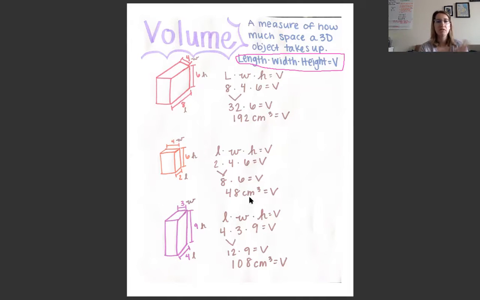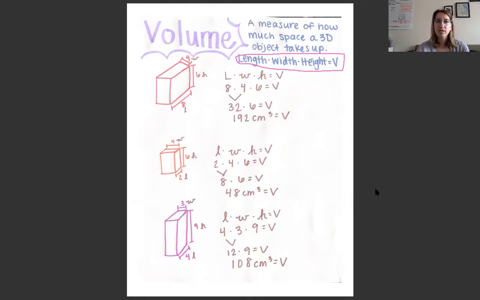Straightforward, done, quick, easy, I like it. And then for the last one, we have 4 for the length, 9 for the height, and 3 for the width. 4 times 3 is 12. Bring down the times 9. 12 times 9 is 108. And then attach that centimeters cubed there.